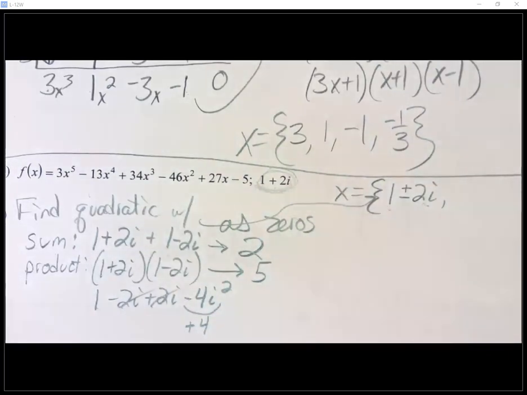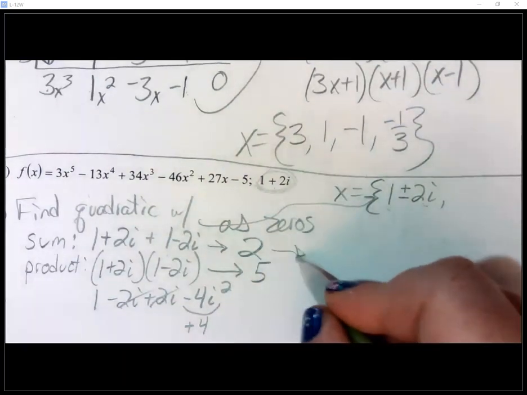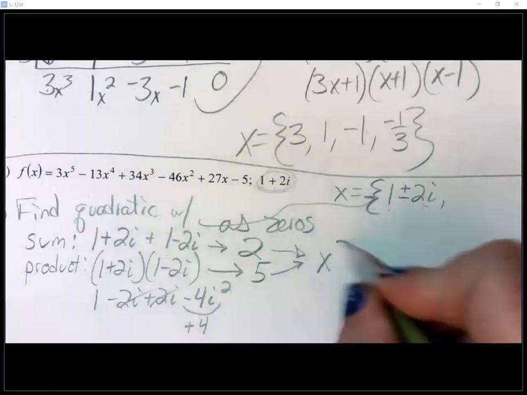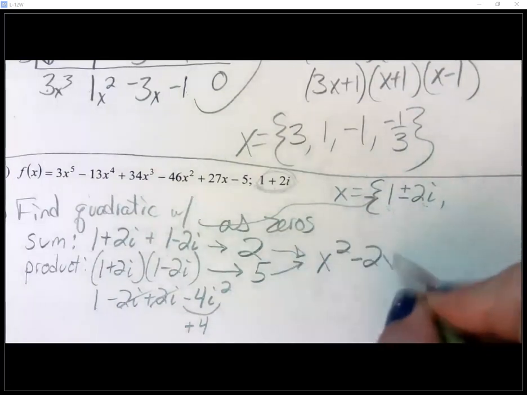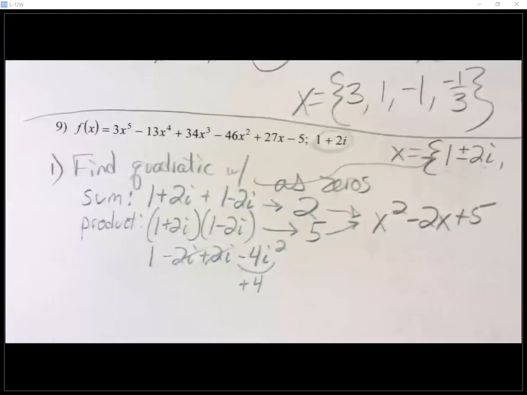So now that I have those two things, I have the sum and the product, I can write the quadratic. So these two things come together to become x squared minus 2x plus 5. And now, my friends, we are getting closer.